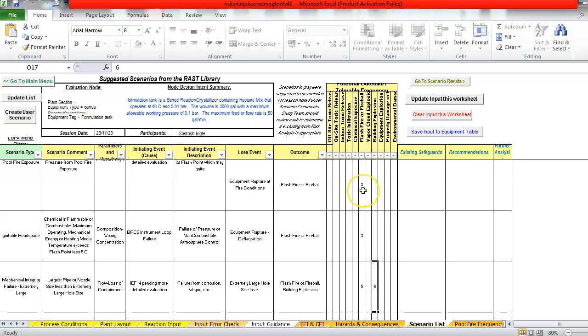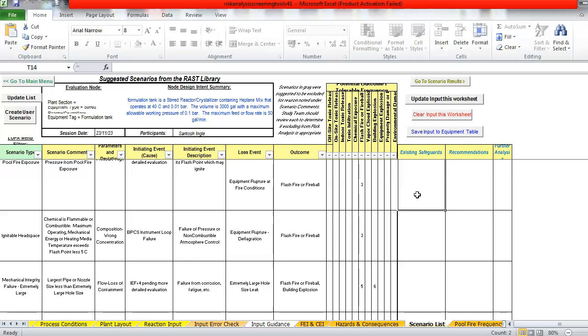And 3 means it is somewhat lower, or moderate, protection layer, because flash fire or fireball also comes under the higher category. Next, existing safeguards. The safety engineer from your industry writes down the existing safeguards already available in your industry, like fire detection elements, sprinklers or smoke detectors.